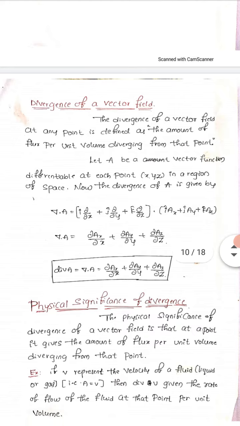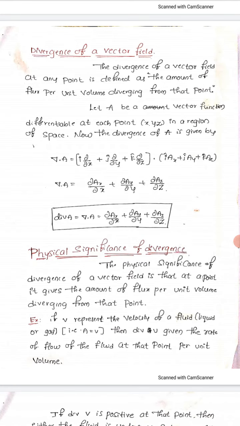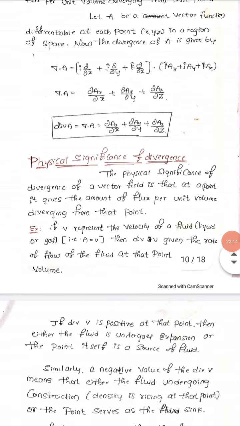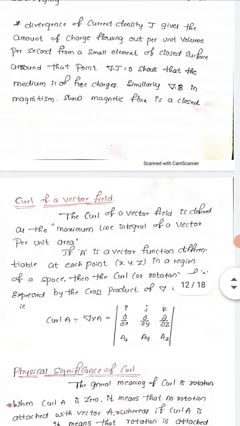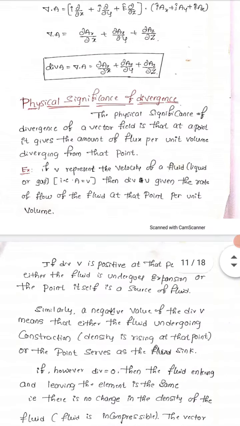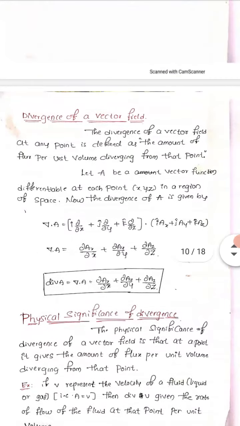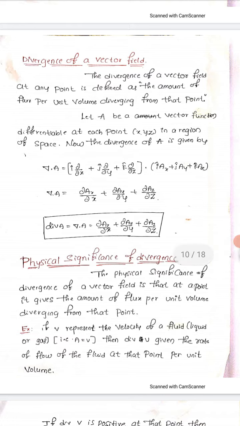Then the next part is divergence of a vector field. The divergence of a vector field at any point is defined as the amount of flux per unit volume diverging from that point.